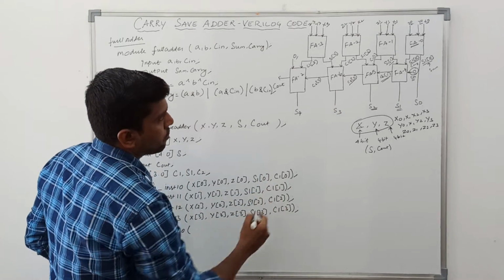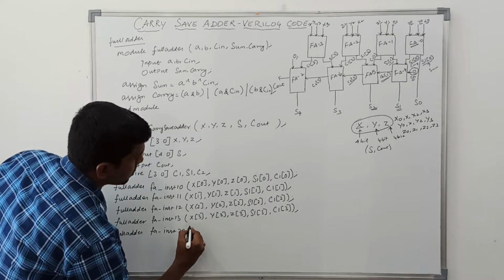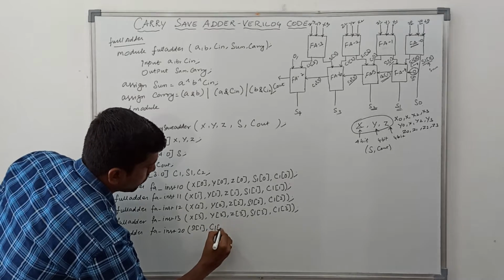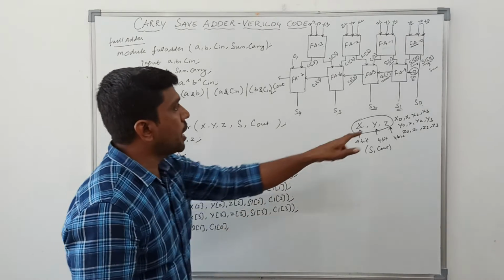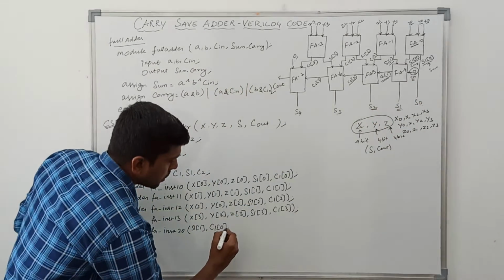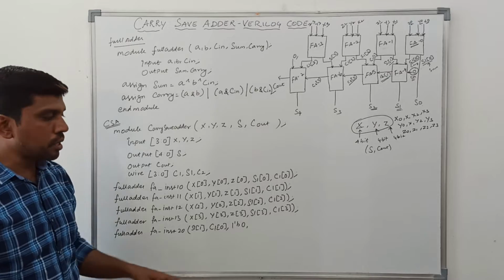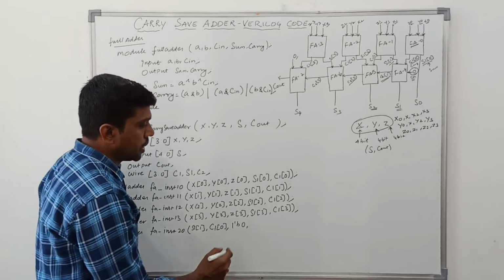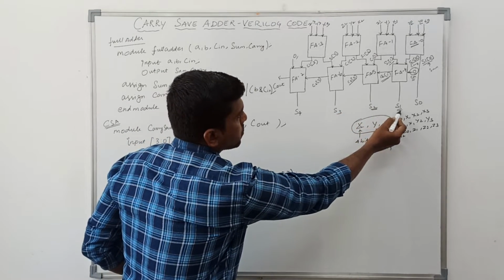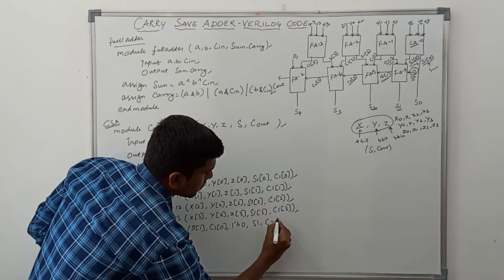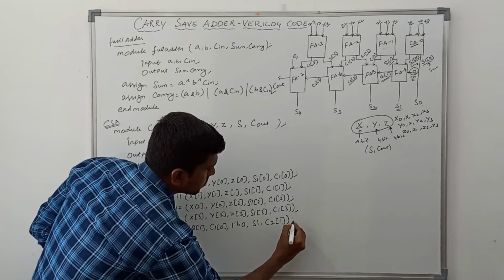Let me consider FA4. Here input signal is S1 of 1 comma C1 of 0, carry in value is 0. So 1 tick B 0 represents carry in value equal to 0. Then output is S1 and C2 of 1. S1 comma C2 of 1.